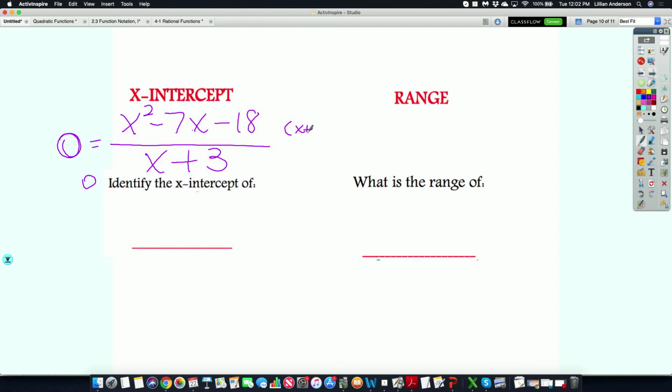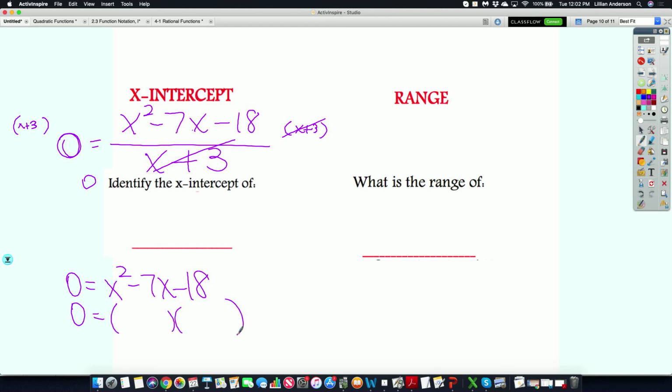When I multiply both sides by x plus 3, what happens on the left side? It stays 0, and on the right side, this cancels, right? So I'm left with the numerator. Now, if I set every rational function equal to 0, isn't that always going to happen? It will. So in a rational function specifically, you just set the what equal to 0? The numerator. And then you solve from here.